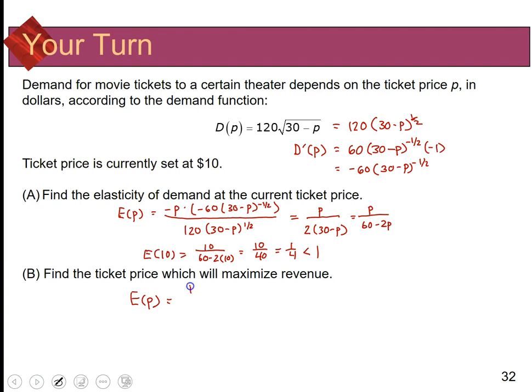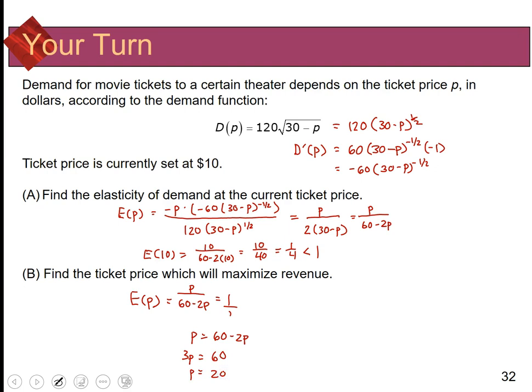So I'm going to set my elasticity function equal to 1 to see what price point would cause that to happen. I cross multiply and end up with p equaling 60 minus 2p. I add 2p to both sides. I get 3p equals 60. Dividing by 3, I get p equals 20.